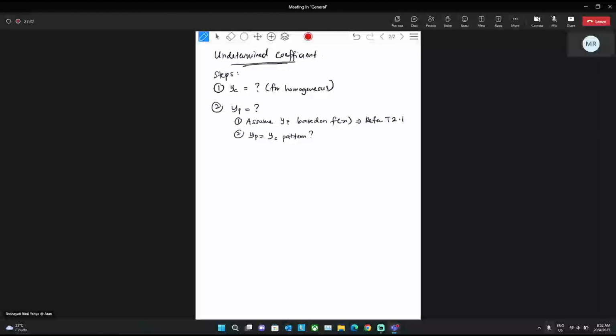Okay. For example, if yes, what you need to do? So you need to multiply yp with x. And then after that, you compare again and again until you find the pattern between yp and yc no more similar, so that you need to stop.